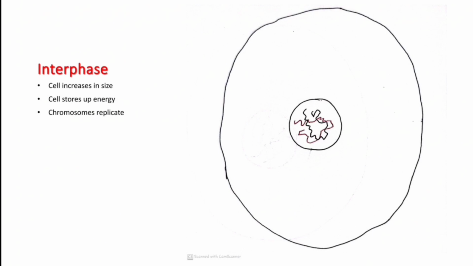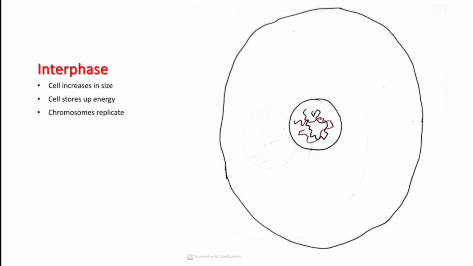Because if it does not increase in size, then when it divides, the new cells formed will be smaller. To prevent that, it will double its size so that once it divides, the new cells will have the exact same size as the parent cell. That is why it increases in size, and this happens in the interphase.